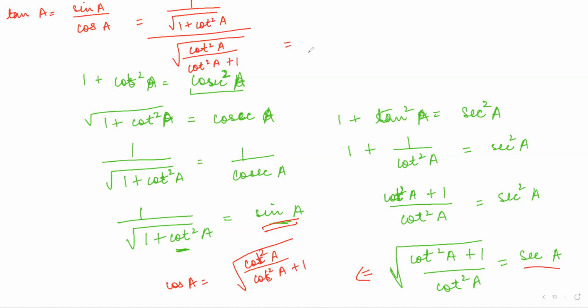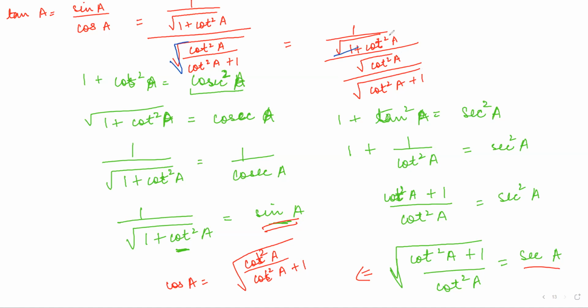If I split the under root, instead of writing the whole square root, I have taken separately in the numerator and denominator.